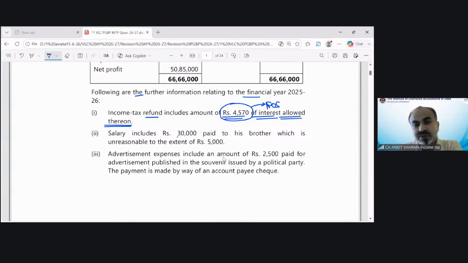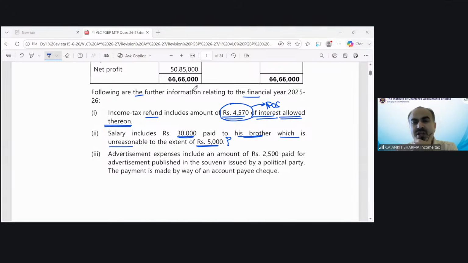Salary includes rupees 30,000 paid to his brother, which is unreasonable to the extent of 5,000 rupees. So can you tell me the treatment of this point, point number 2? We have paid the salary to the brother, which is unreasonable to the extent of 5,000. Abhimanyu is saying 5,000 add.